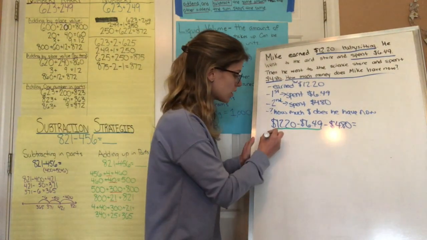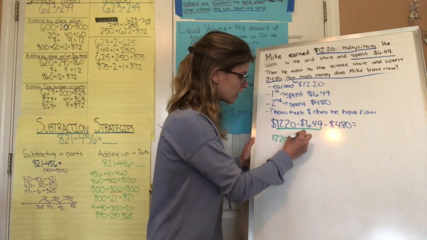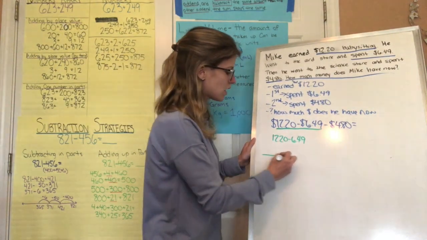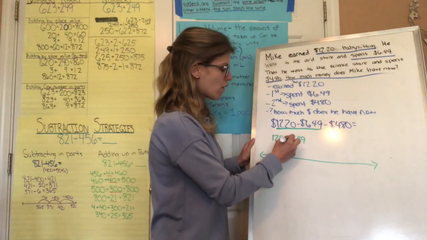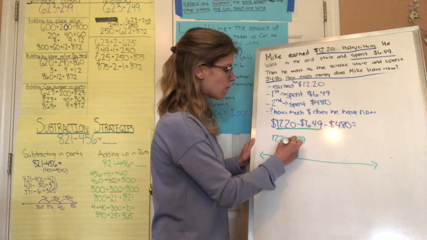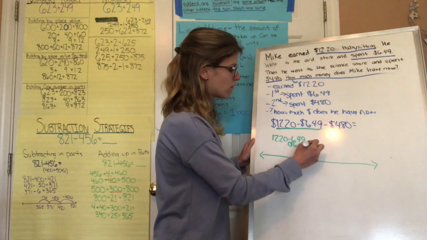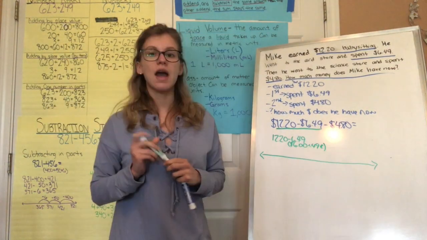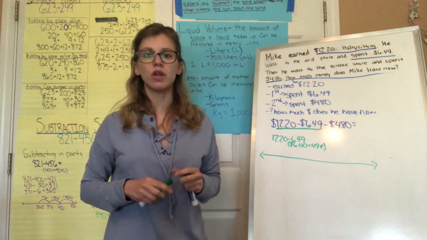And I want to do this on a number line, because it's going to be really easy for me to see if I subtract it into dollars, $6 and 49 cents. Pause me and solve by yourself this equation using a number line.